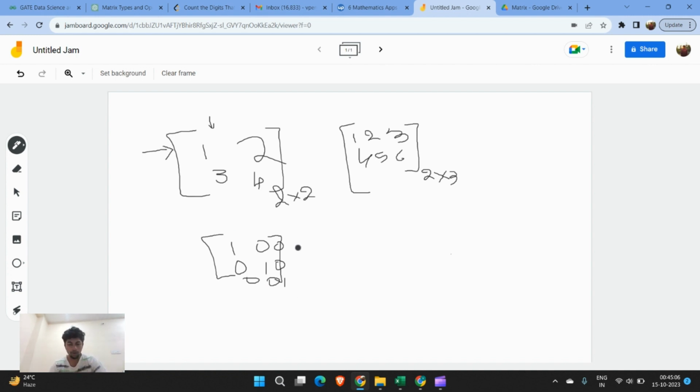So what my point is, you have some matrix A. If you multiply it with the transpose of the same matrix, or A transpose into A, if the product is equal to I, the identity matrix, then if this condition holds, A transpose equals A inverse.